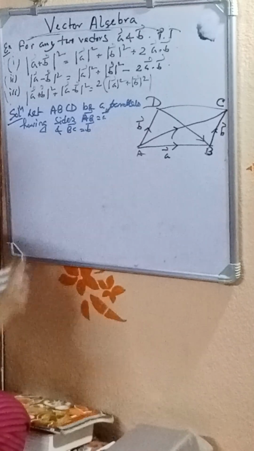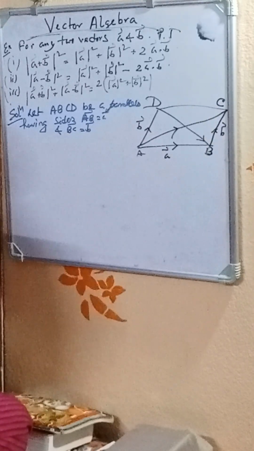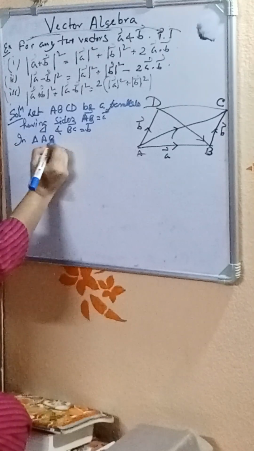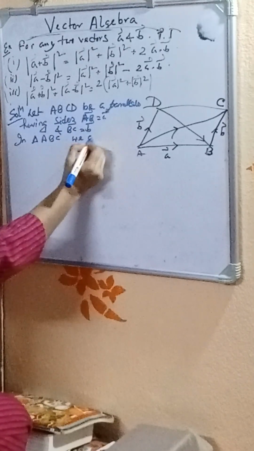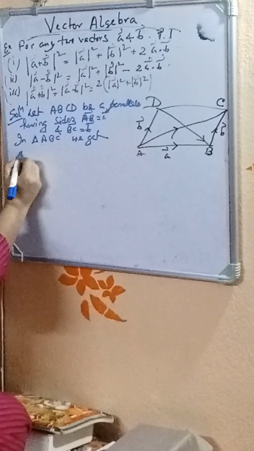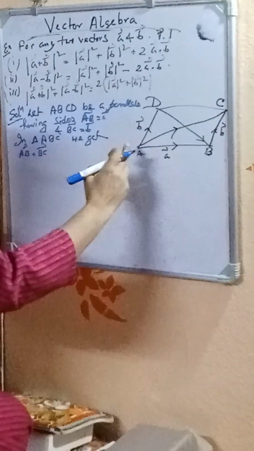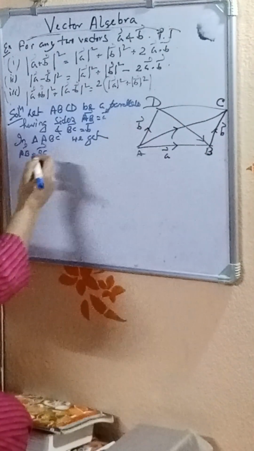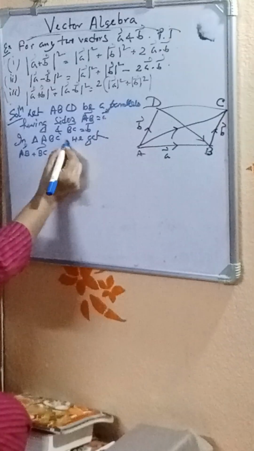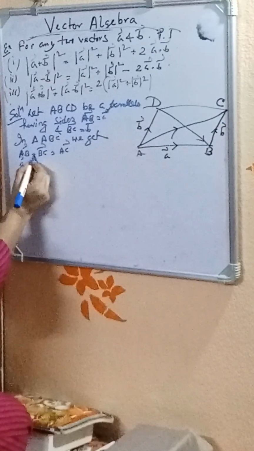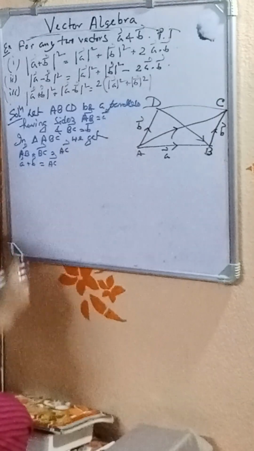Now in triangle ABC, we get AB plus BC equals AC vector. This means A vector plus B vector equals AC vector.